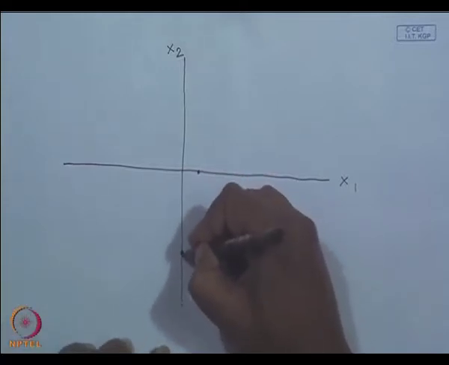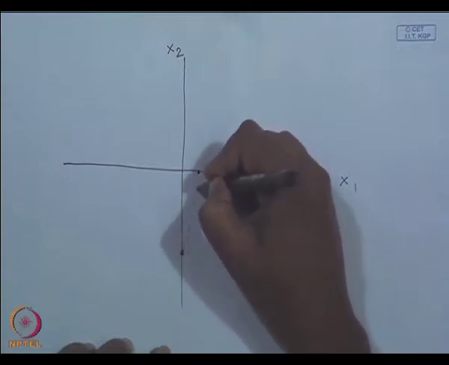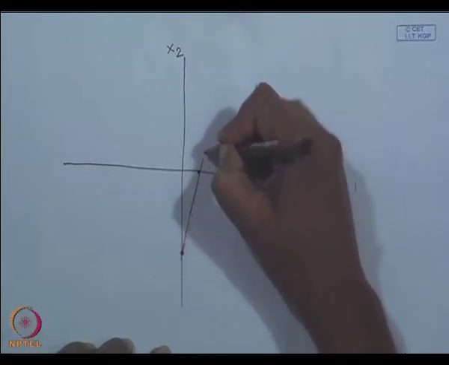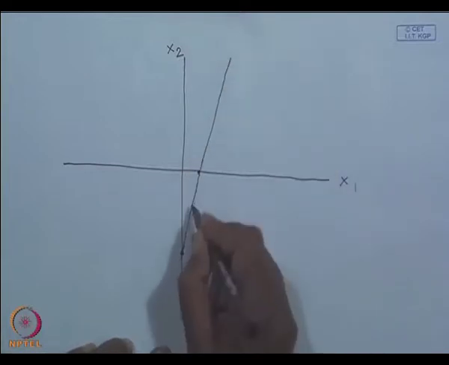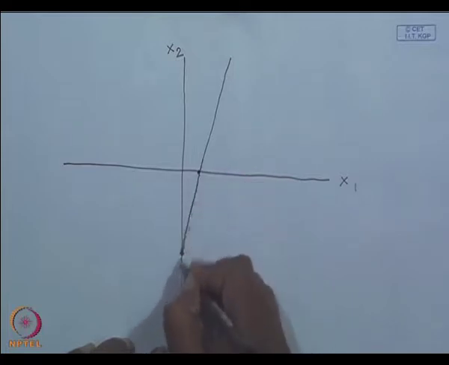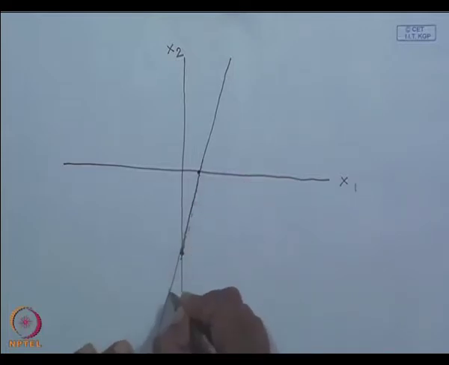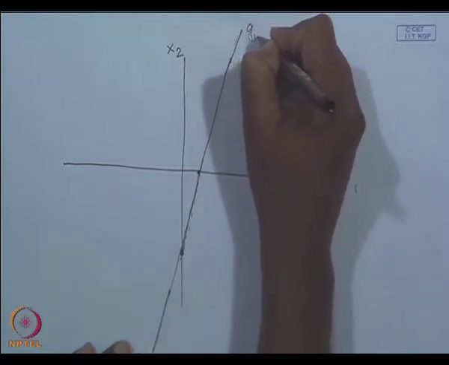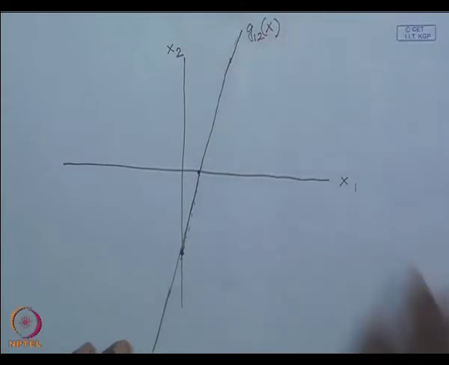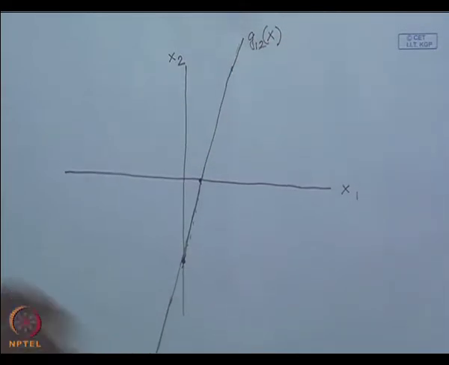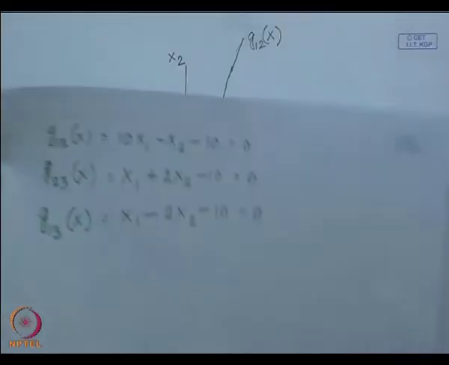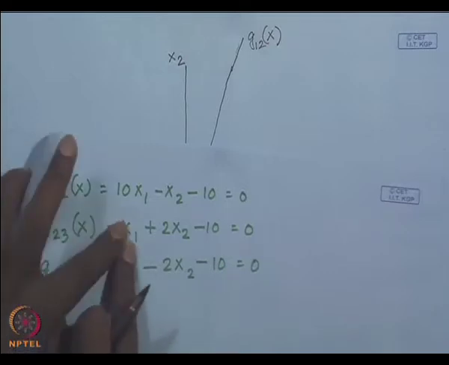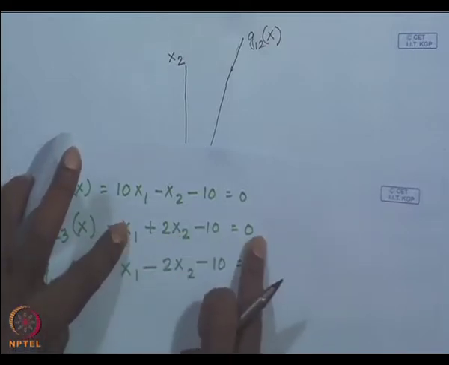So, I have this G12x in this case, which is given by this line. This is G12x. Coming to the next one, G23x. If I put x1 equal to 0, x2 will be equal to 5.